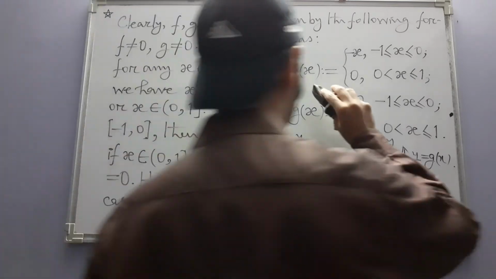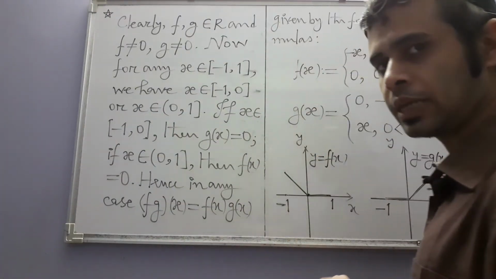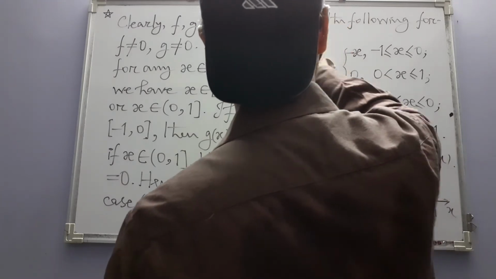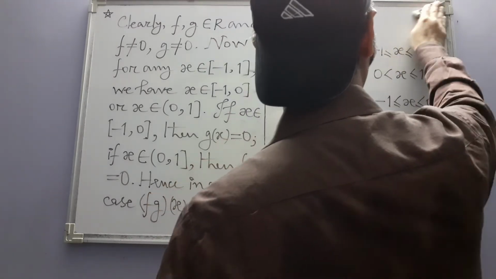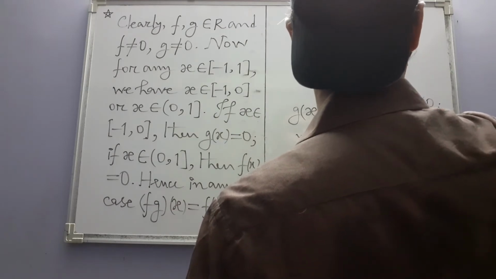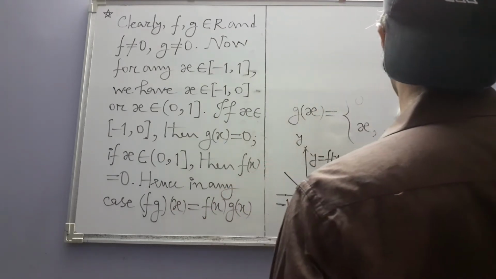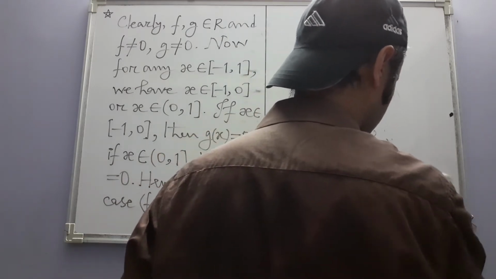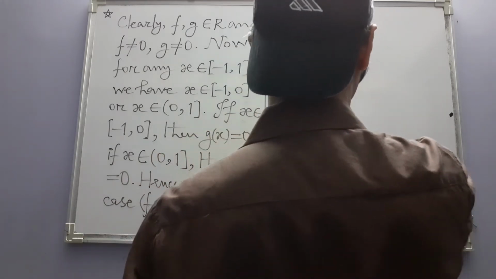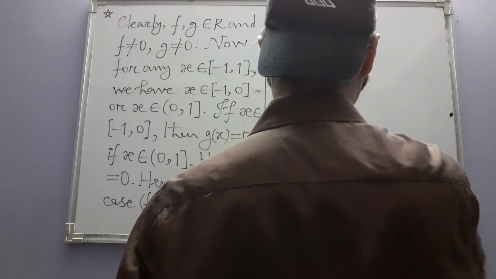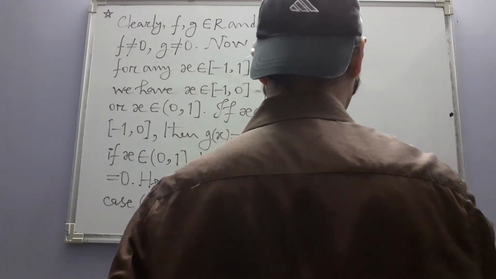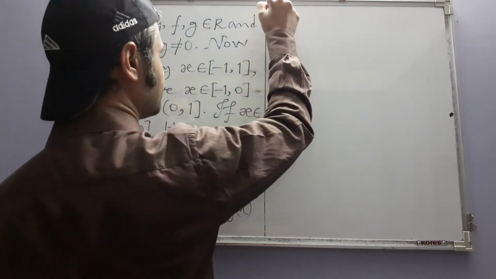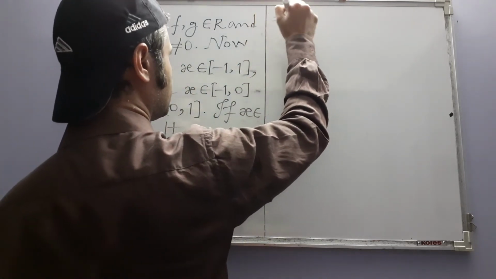That means the product function fg is identically 0. This is equal to 0.